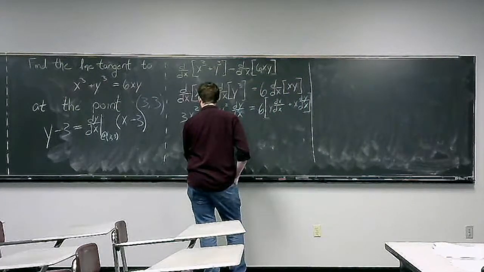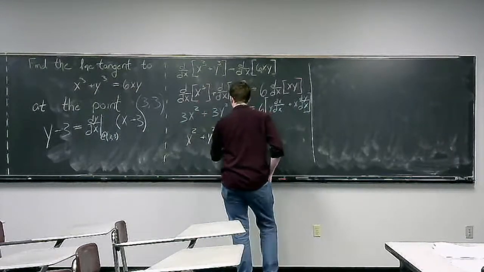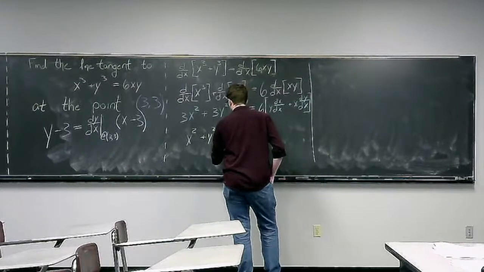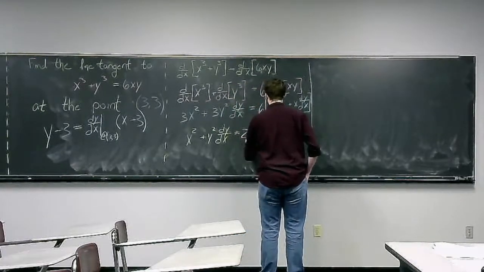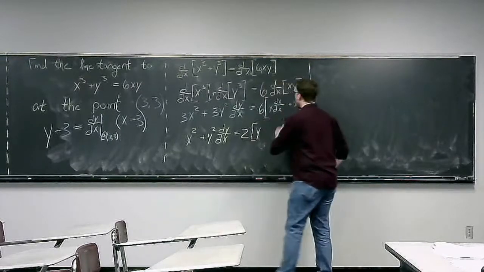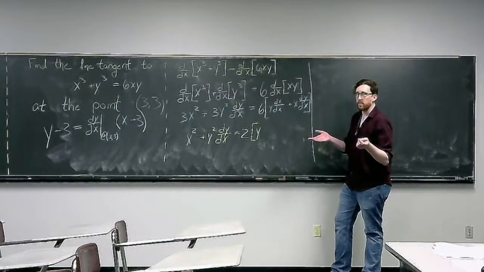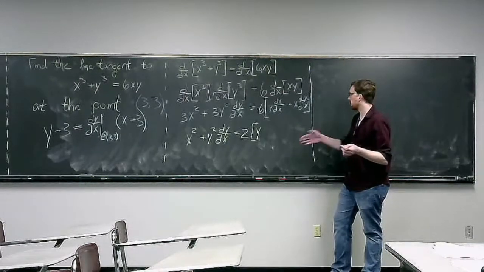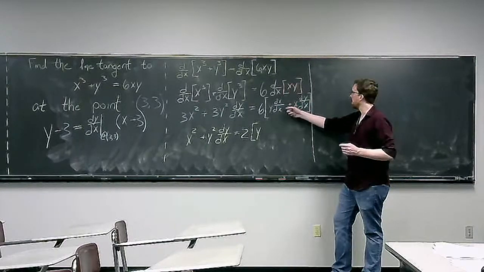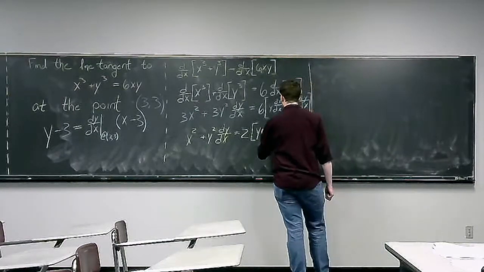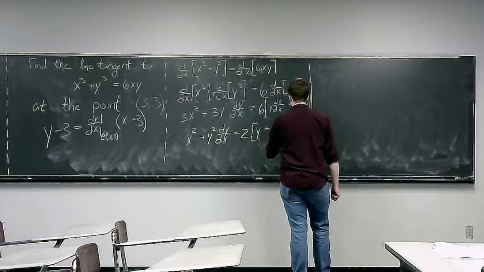This is going to be (x squared plus y squared) dy/dx is equal to 2 times y. Well, dx, the derivative of x with respect to x is just 1, so nothing happens there. It's just y plus x dy/dx.